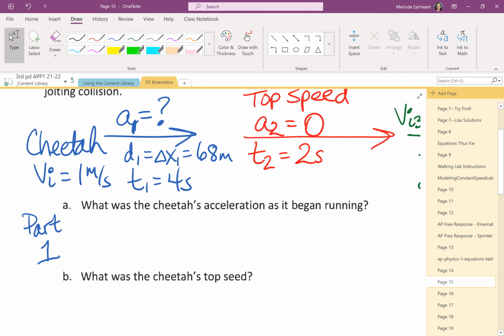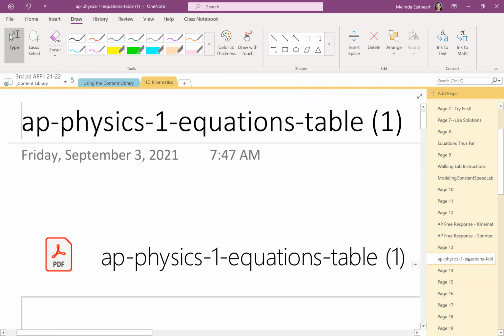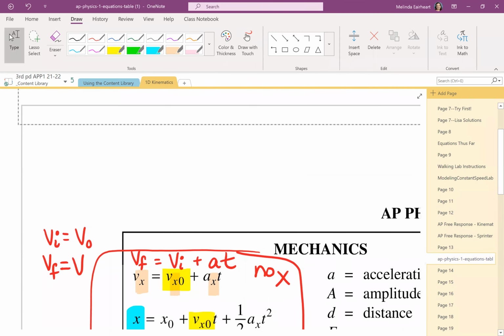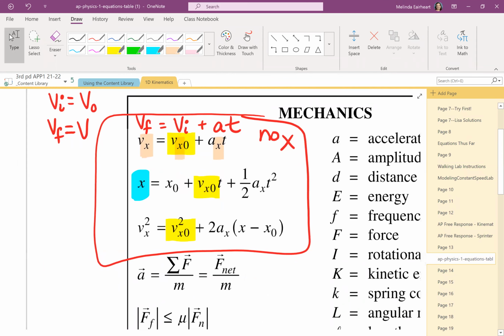And sometimes this is the hardest part, figuring out what equation to use. And so notice we know initial velocity, distance, and time. What do we not know? What is not needed to solve this first problem? If we look at our equations, can we use the first one to find the acceleration?